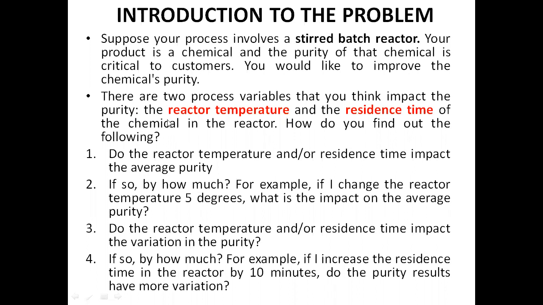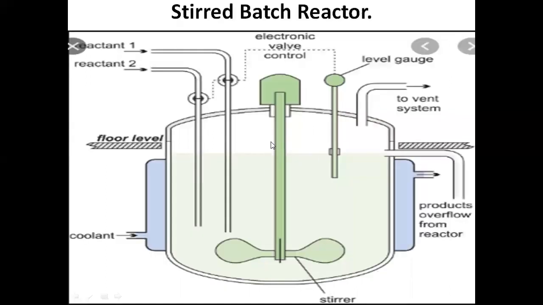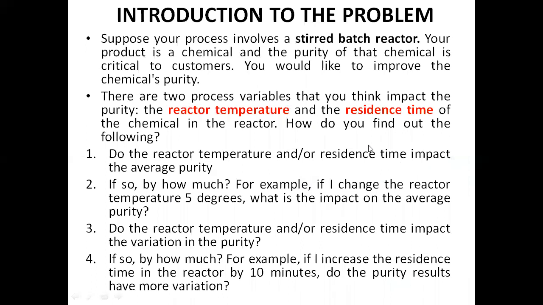The first is the reactor temperature, and the second is the residence time of the chemical in the reactor, meaning how long the chemical stays inside the reactor. These two process variables may impact the purity of the chemical in the reactor.